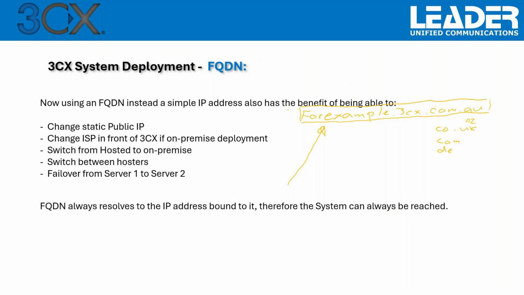Yeah. So that goes then when we, for example, have a change of public IP, when we change the ISP in front of the 3CX, if it's an on-prem deployment, if we switch from hosted to on-prem, if we switch between hosters, or if we have failover from server 1 to server 2, that all comes into then where we use the FQDN. If we have one FQDN, which is always the address for that system.